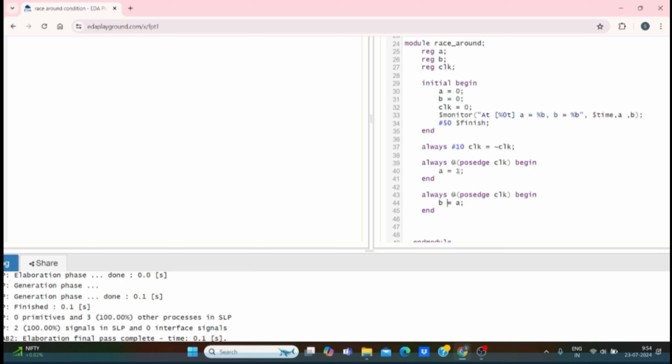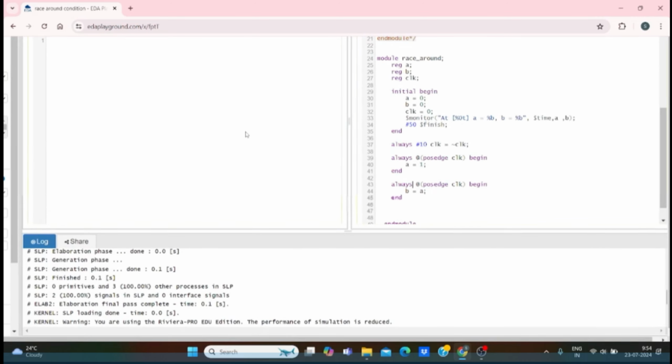So either this one will be executed first or that one will. At the passage of the clock, either this always block responds or the other always block responds. Now let us see this by running the code.